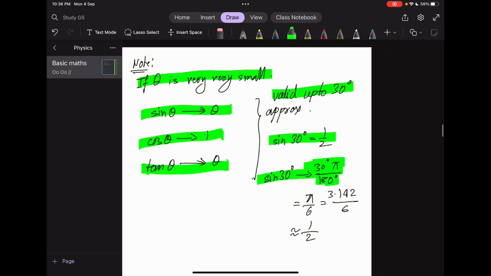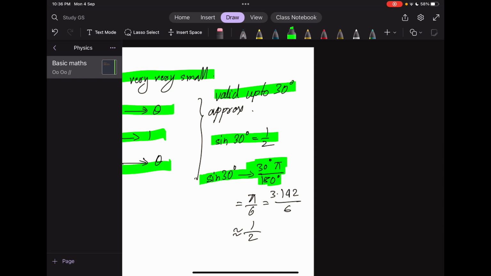Okay, so do you know the conversion from degree to radian, what you have to do? For sine theta, maybe the value of theta is in degree, and I have to convert it. Let's say here it is 30 degree.